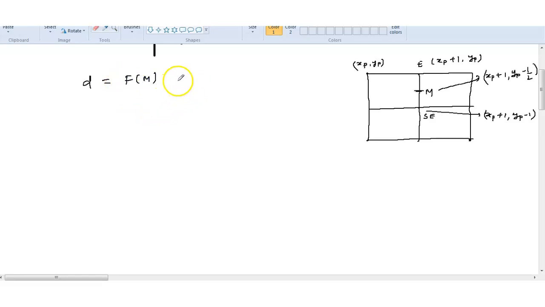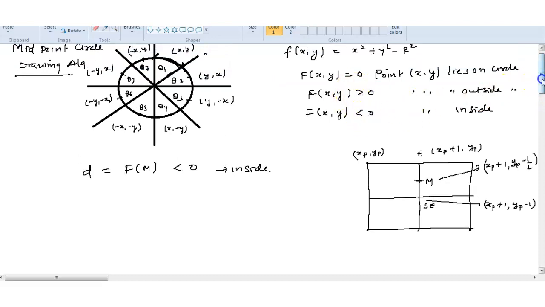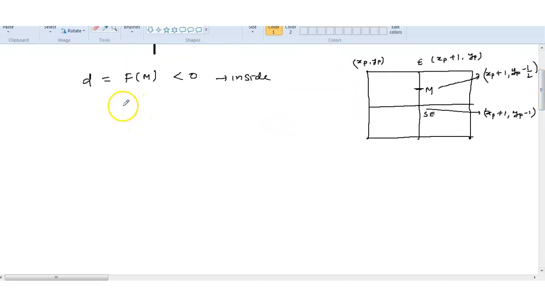If this f of M is less than 0, it means inside, as we discussed for the x y coordinate. And if d, this f of M, is greater than or equal to 0, we can write that this M is outside.